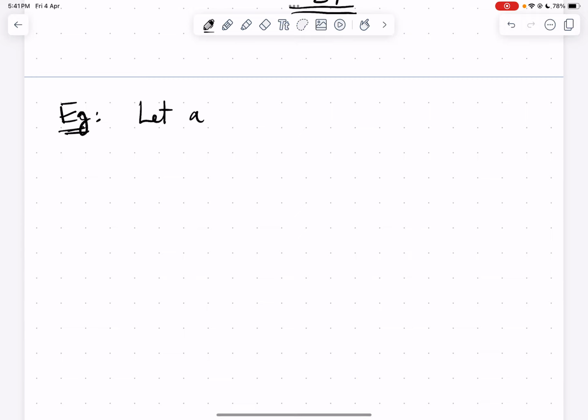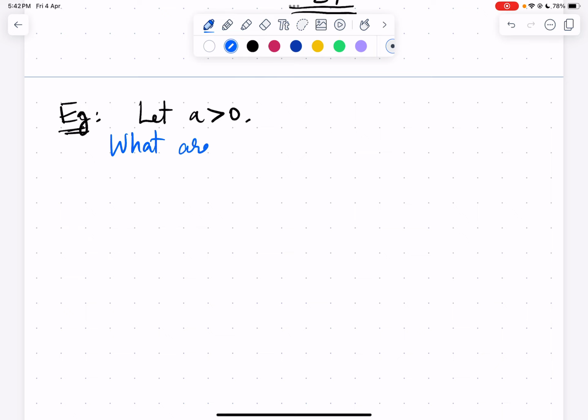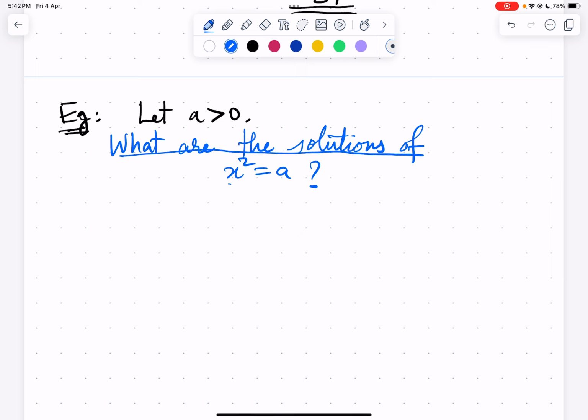Let A be a positive real. So we can ask, what are the solutions of x square equals A? So what are the solutions of this equation?